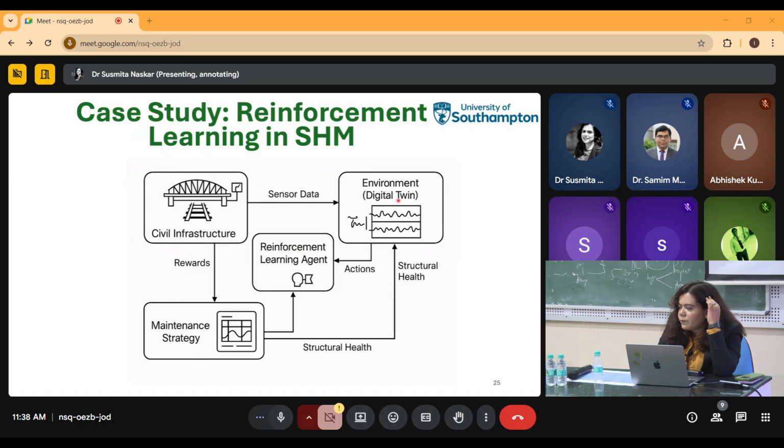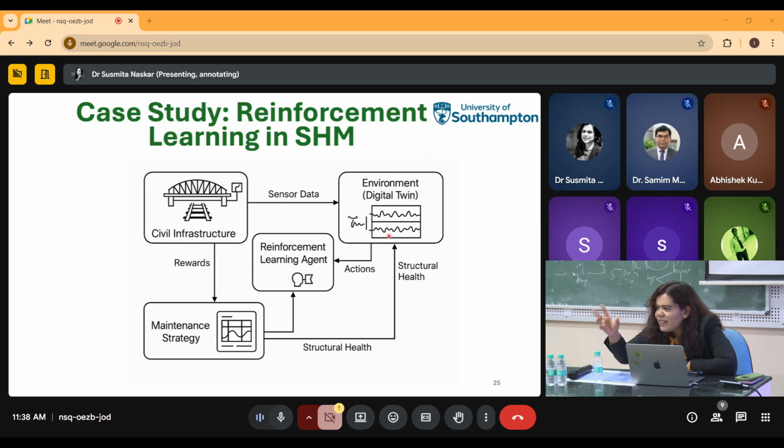If you take, for example, random persistent information, we give that value to those changes. If you think about this sensor data, that's where your reinforcement learning will work: how perfectly, through the sensor, you are making your digital twin model so that you can get the structural health.